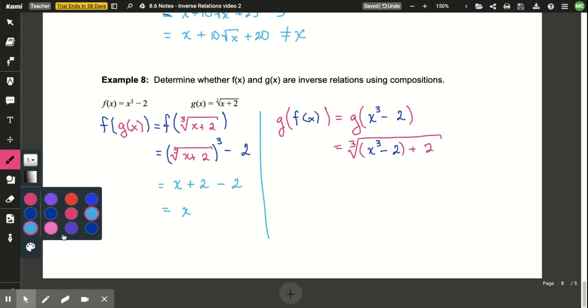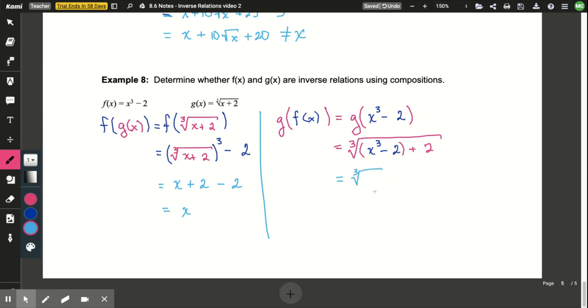Okay, now I'm ready to actually start composing them. So I'm changing colors here. So now what I would need to do first on this one is this stuff that's on the inside of the radical, because everything that's there is inside the radical. So I have to simplify that first. So inside there I've got x cubed minus 2 plus 2.